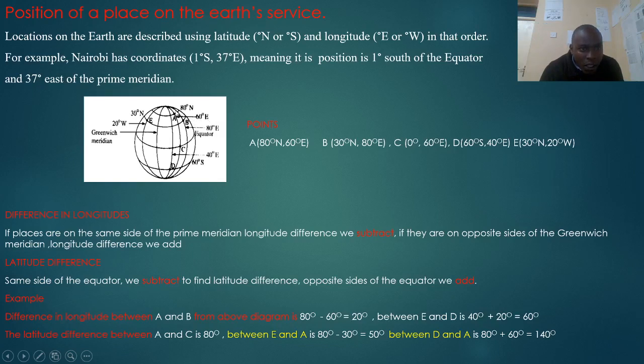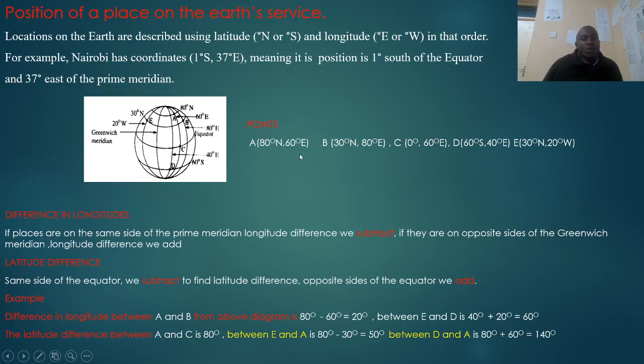And the latitude at this point is 80 degrees north. So we start with latitude followed by longitude. Therefore point A is 80 degrees north and 60 degrees east. You have located point A.